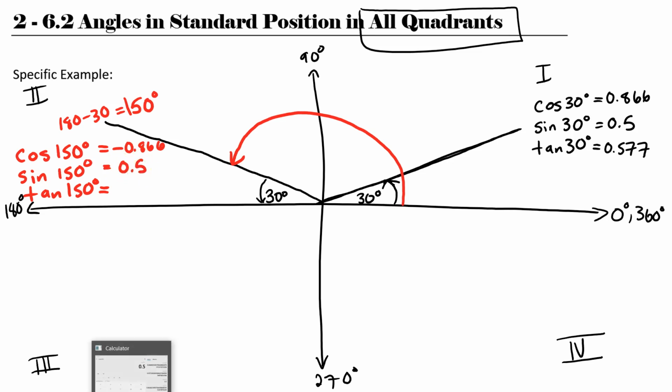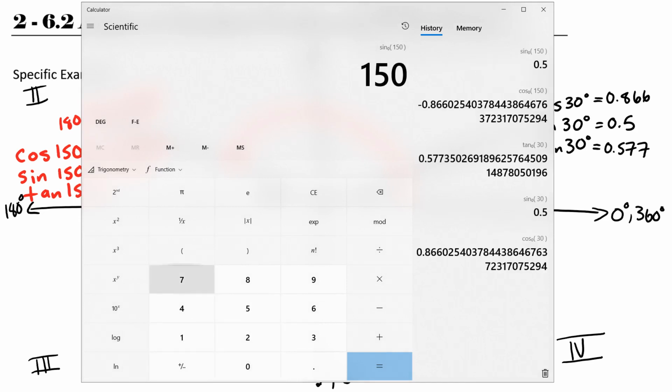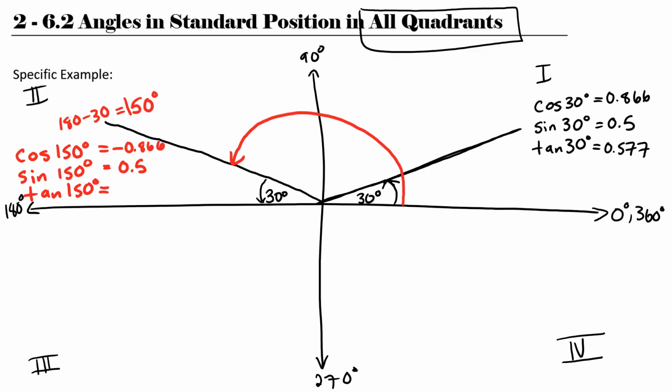Okay, all bets are off. One of them was positive, one of them was negative. So what about the tan of 150? That one's negative 0.577. There's a relationship between all of these angles, because the tan is the same number, the sine is the same number and the same sign, and the cosine is the same number. Interesting.